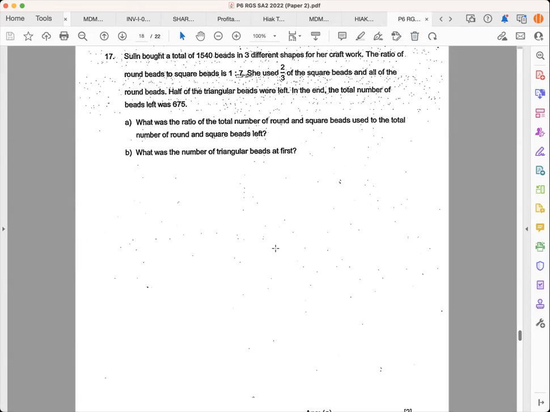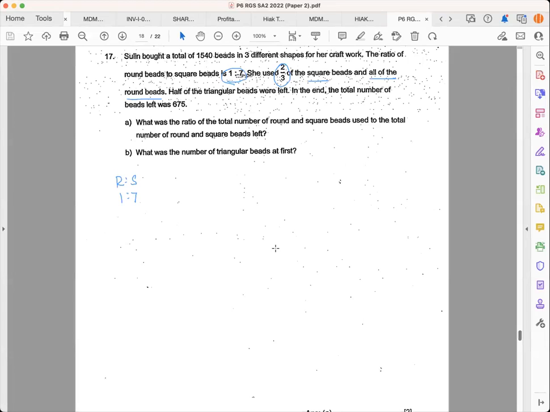First statement, the ratio of the round to square is 1:7. Round to square is 1:7. Next statement, she used 2/3 of the square beads and all the round beads.